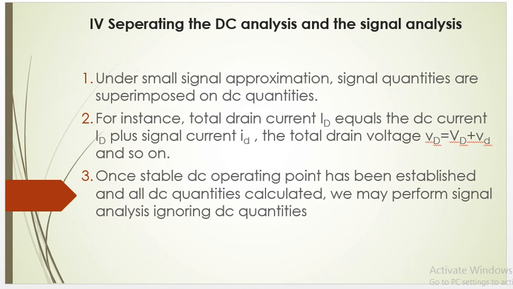The last concept of today's video, separating the DC analysis and the signal analysis. Under small signal approximation, signal quantities are superimposed on DC quantities. Already we have seen this. For instance, the total drain current ID equals the DC current ID plus the signal current id.